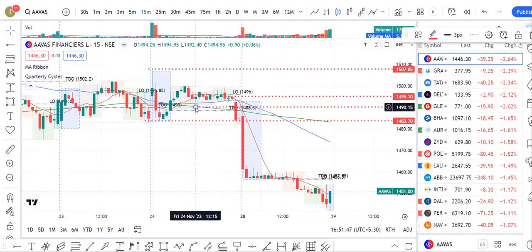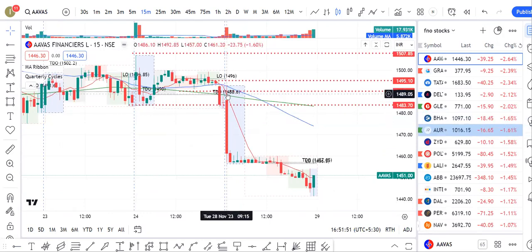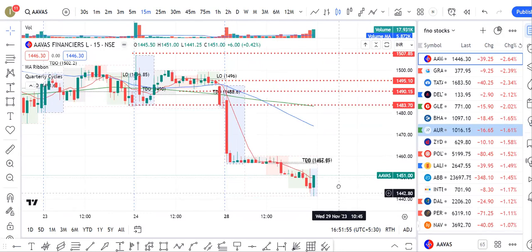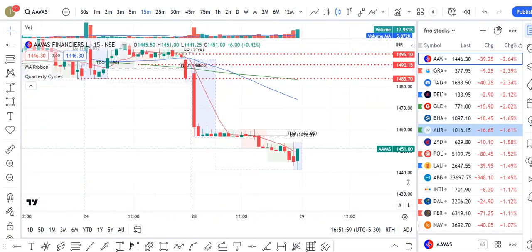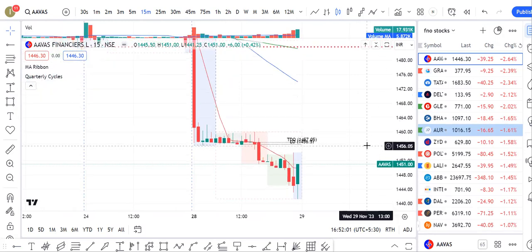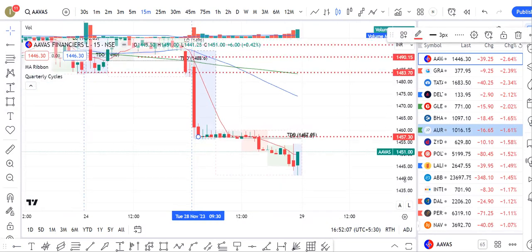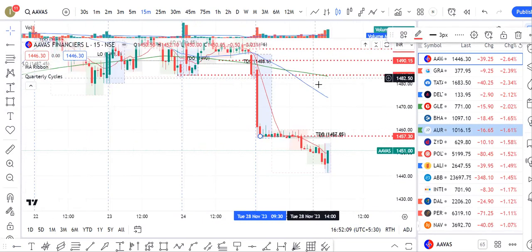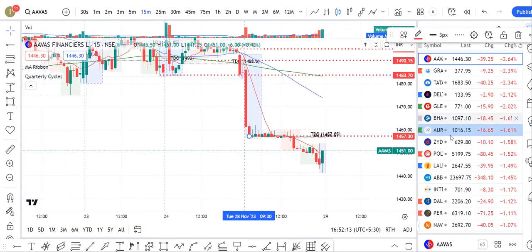See, in the morning itself it got rejected from this level and started moving. So it was a continuation of this level. It continued to the low of the level. Tomorrow, this is the guideline, the daily opening range 1457. Suppose it starts moving above this, there may be a short covering rally in this stock, Aavas Financial.